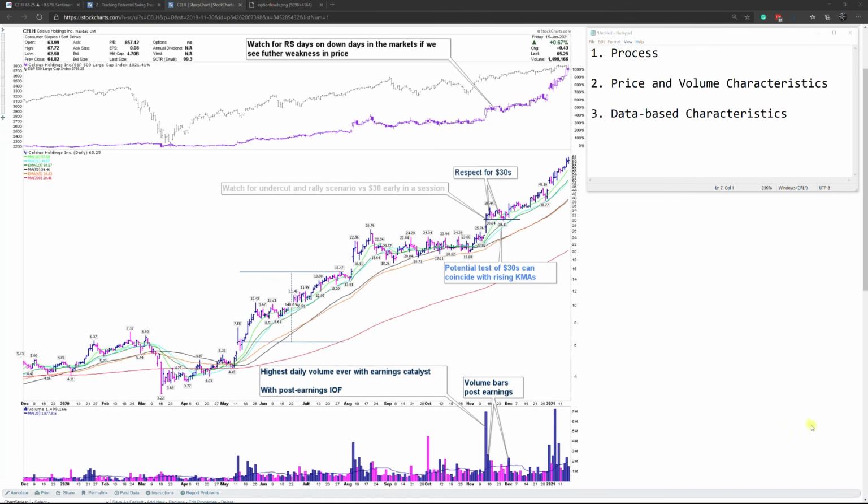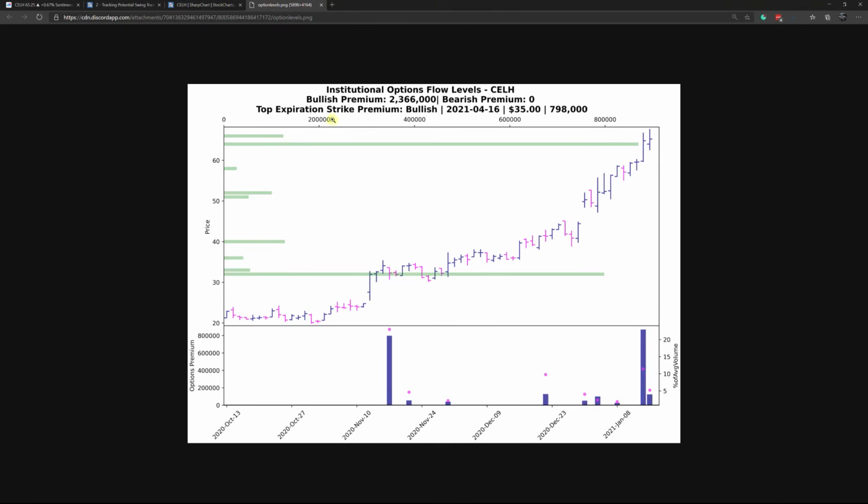So if I flip back to this chart, this particular bar is the earnings, and post earnings we saw a large IOF come in. We call it IOF, institutional options flow.